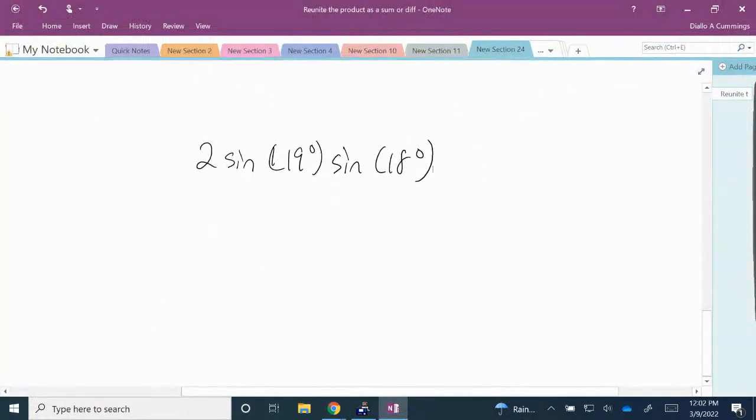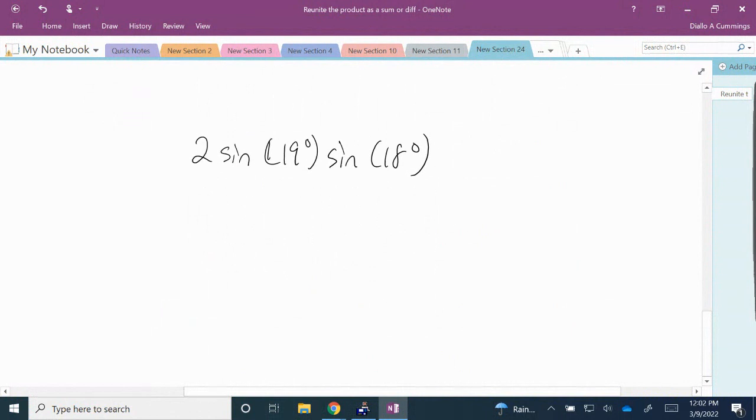All right. So we do have to modify our formula in this instance. So I'm just going to rewrite the formula.